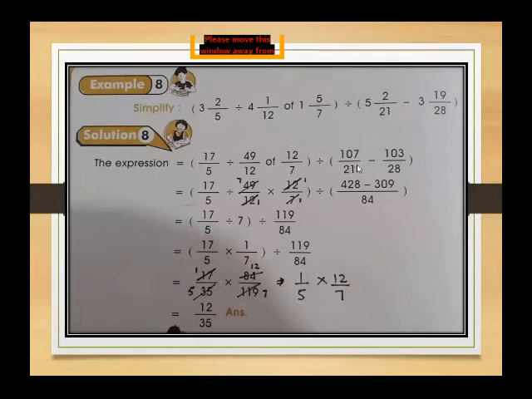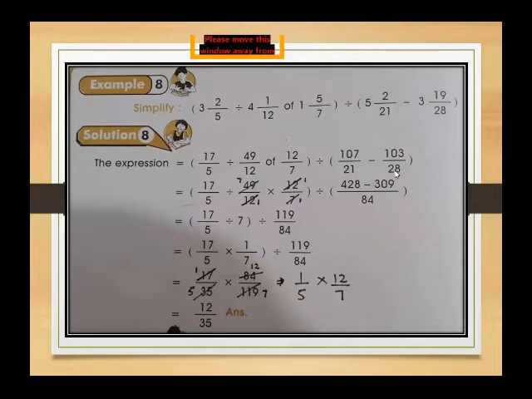If you read the table of 21 to get 84, that number is 4. So 21 fours are 84, and we will multiply this 107 with 4. So we will get 428.